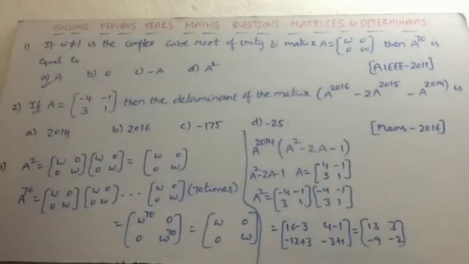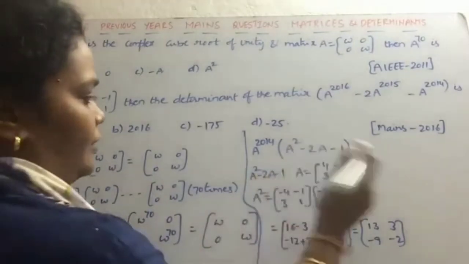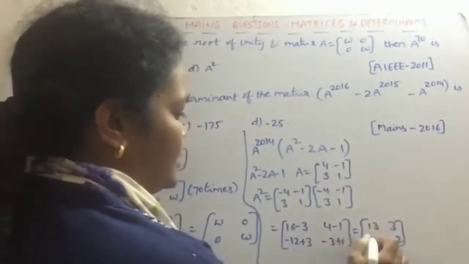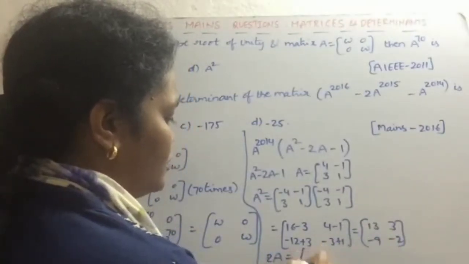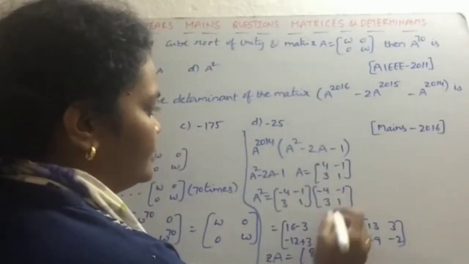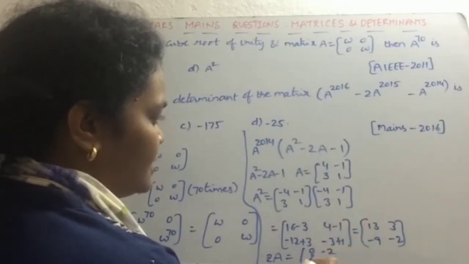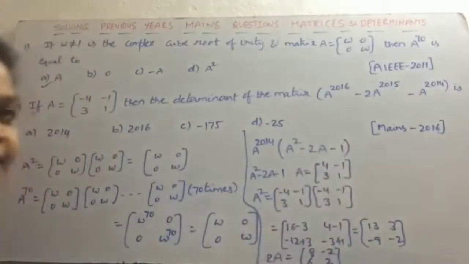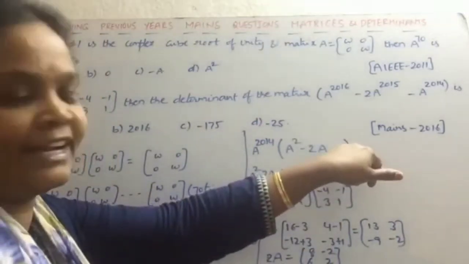So that is A square. And 2A equals 8, minus 2, 6, 2. Now the minus 1, I will take as the identity matrix.